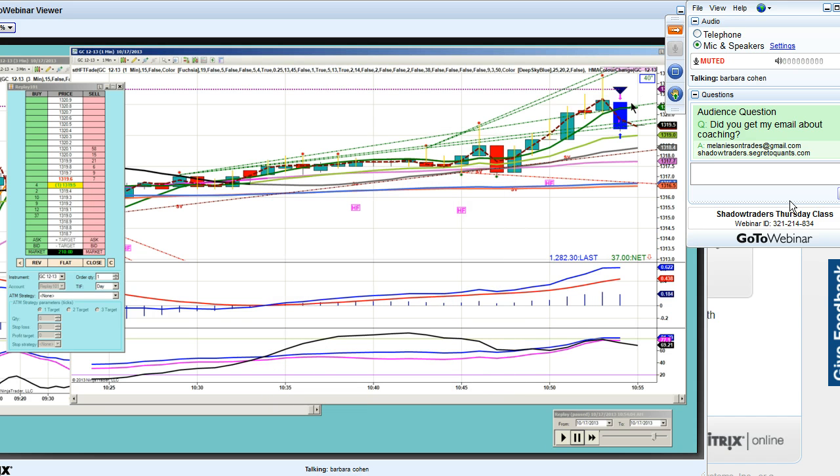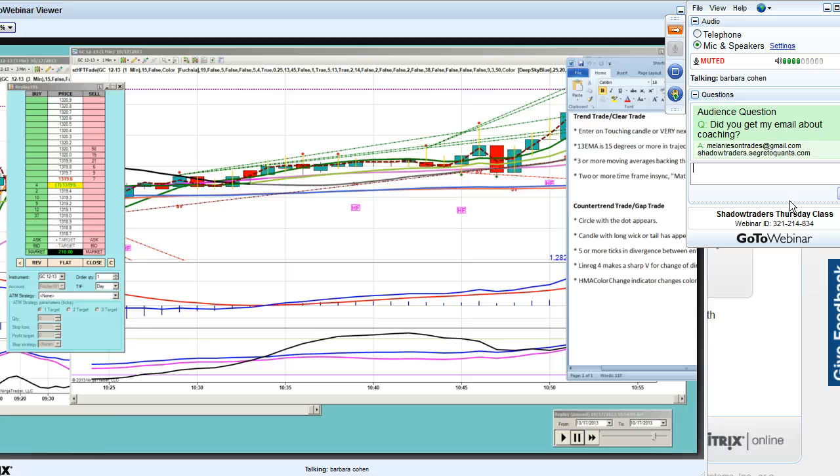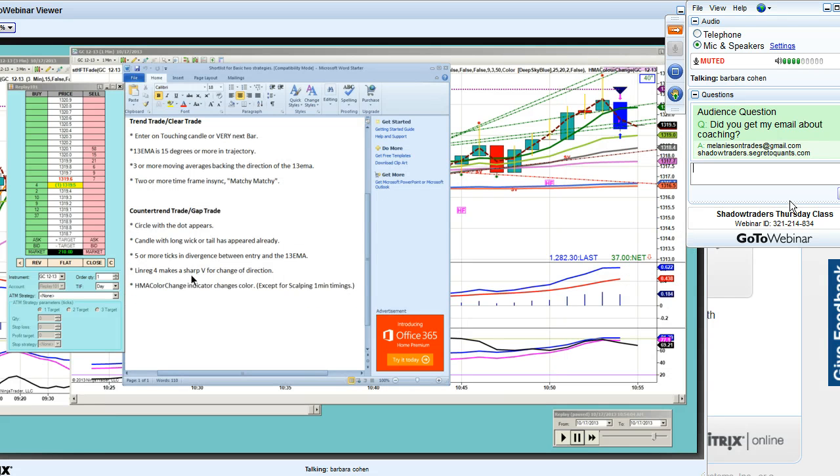Now, notice that I got in based on the basic criteria, guys. The very, very basic criteria, which is the circle with the dot, the candle with the long wick, the Linreg 4 makes the V, and I'm not using the HMA color change.